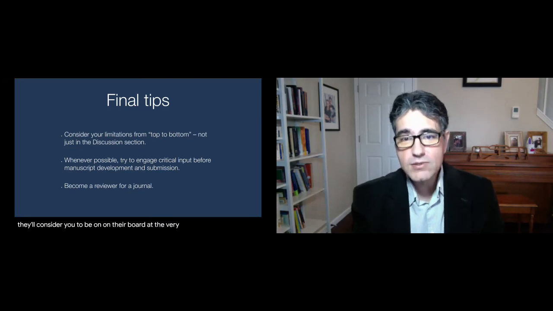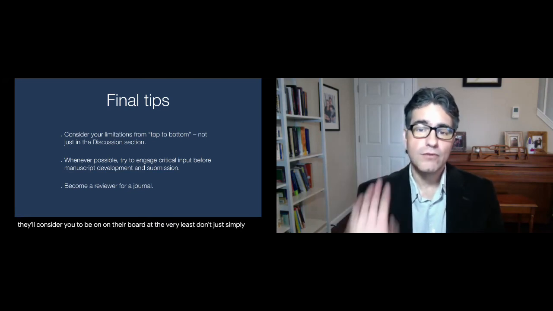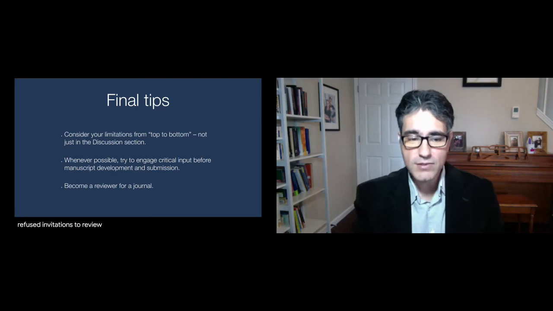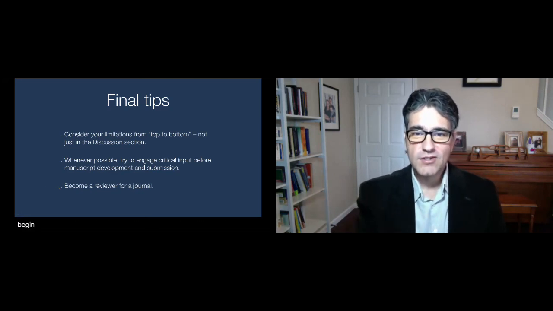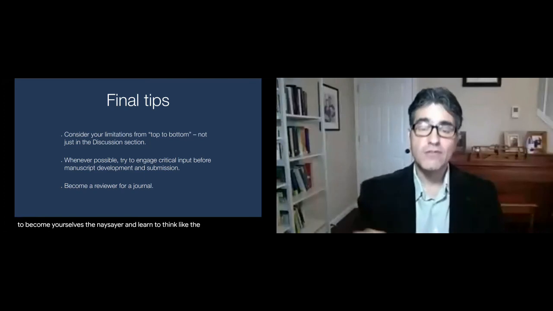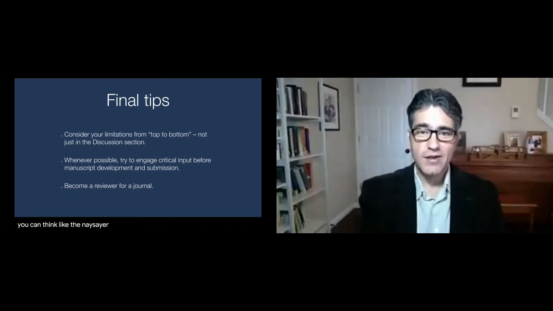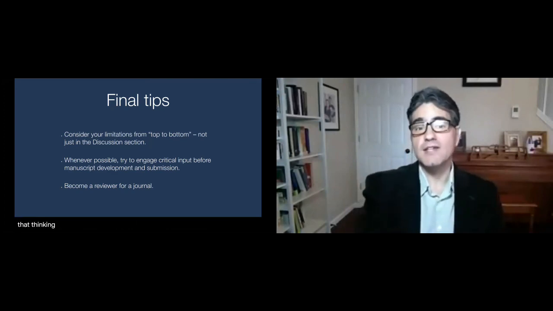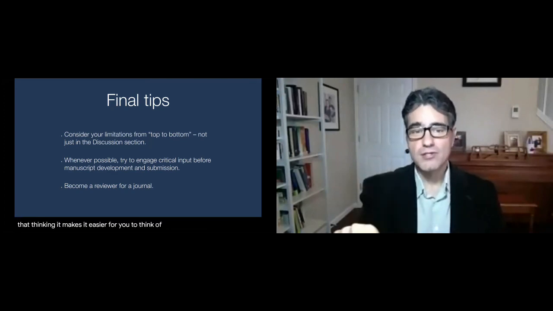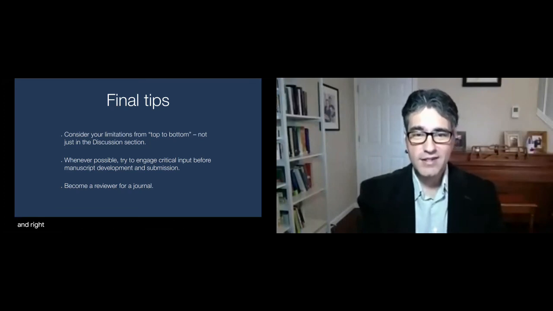At the very least, don't just simply refuse invitations to review manuscripts, because it is in this way that you begin to become the naysayer yourselves and learn to think like the naysayer. And if you can think like the naysayer about other people's manuscripts and develop that thinking, it makes it easier for you to think of that person when you write, and write with that audience in mind.